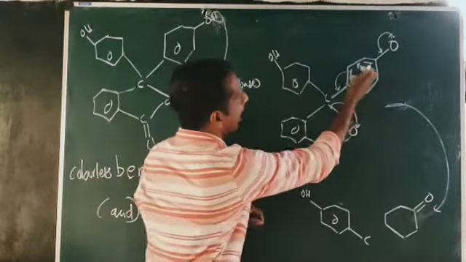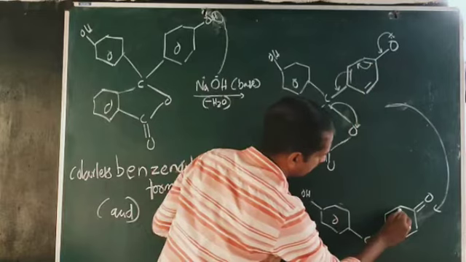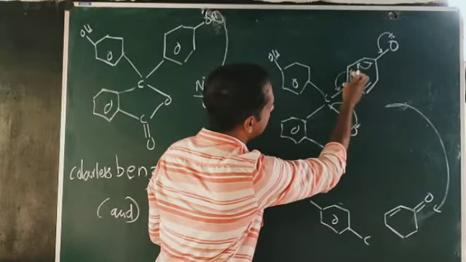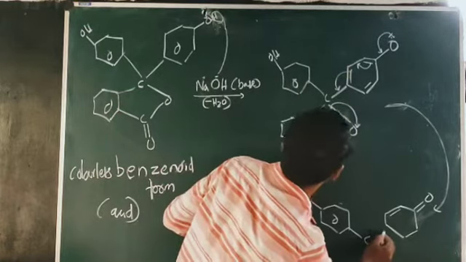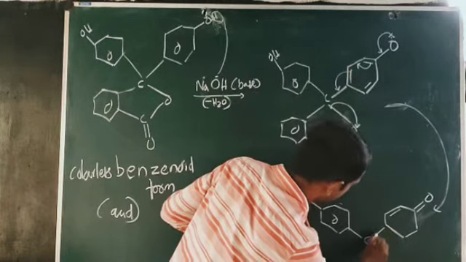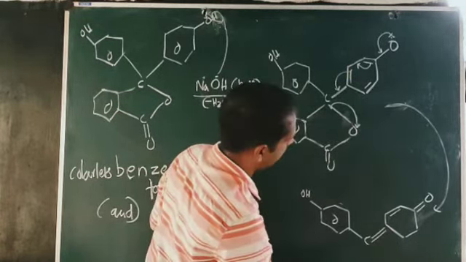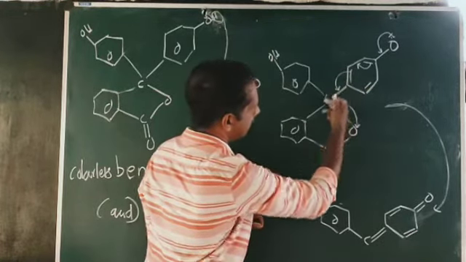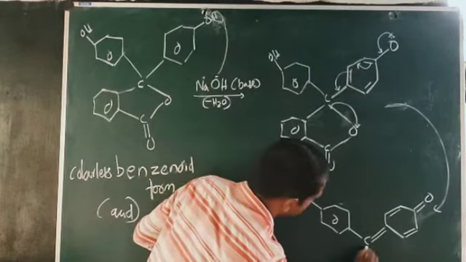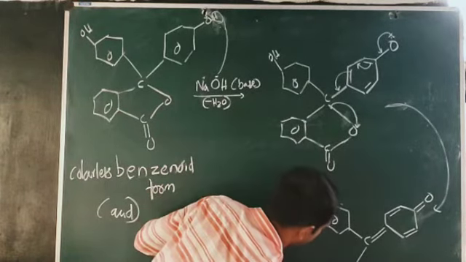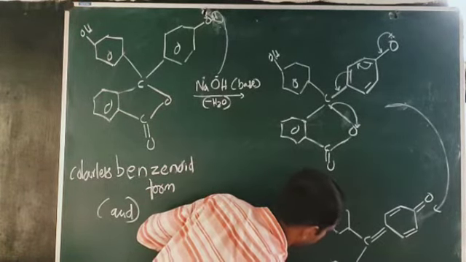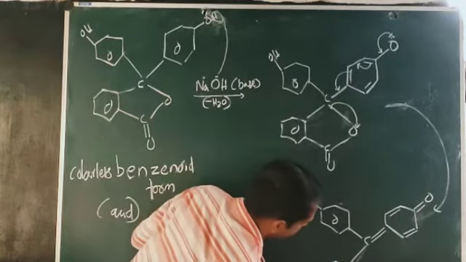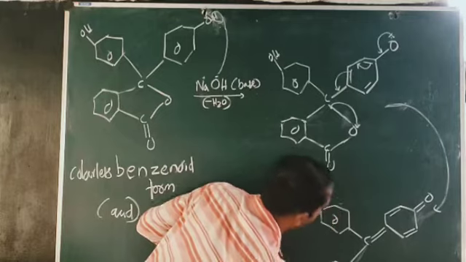Since this bond is shifting to here, it will become a double bond. And since this bond is breaking from this carbon and shifting to here, here it will become a double bond. Here also no change, here C double bond O, no change.